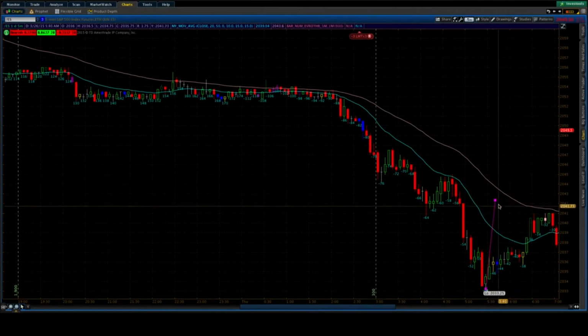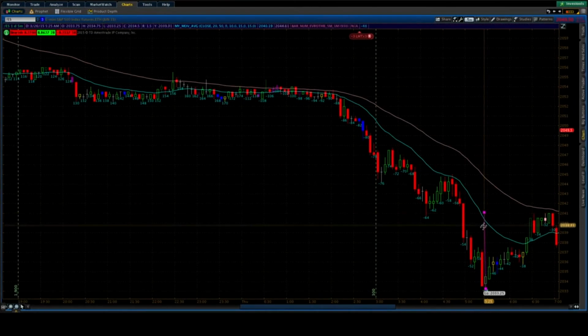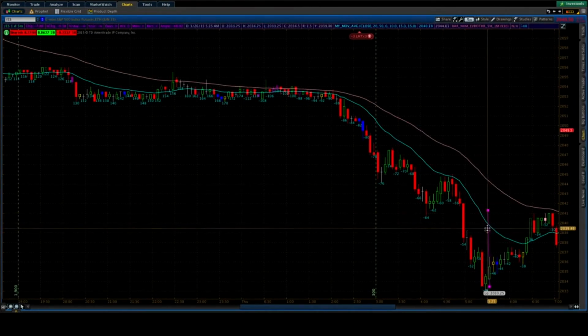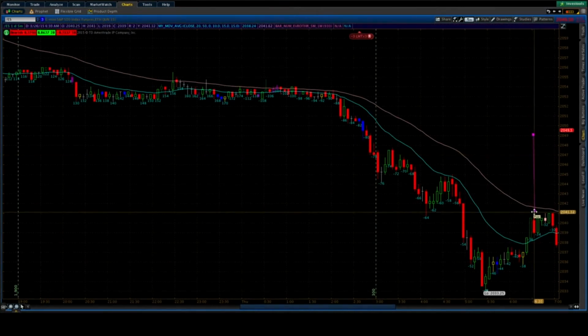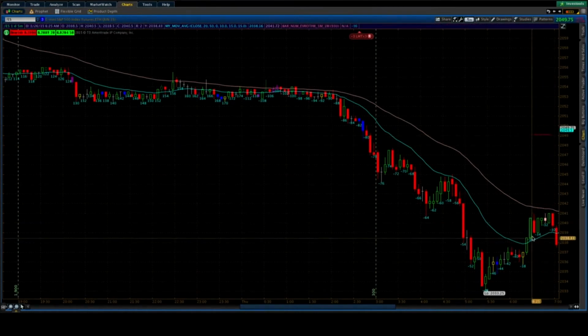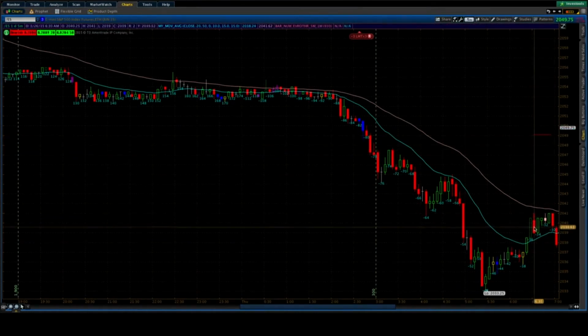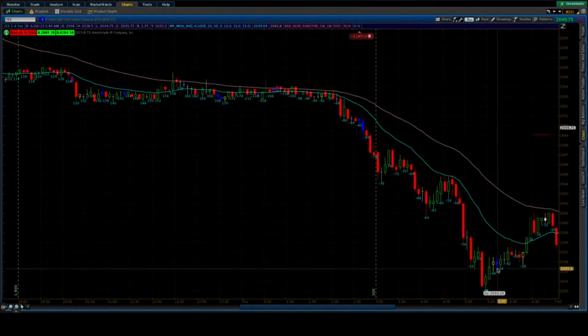Okay, so now we have a projection that is going to go from this low to the maximum high of this bull trend here. So I will do a projection here, and then I'm going to leave it there, and that will give me an idea of how far it can go, if I'm still in a long here or long here somewhere.